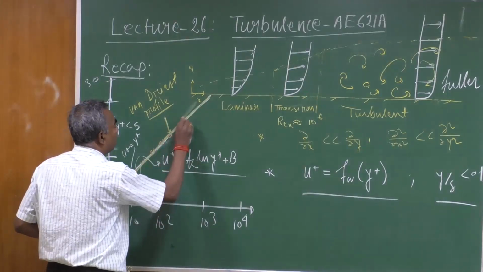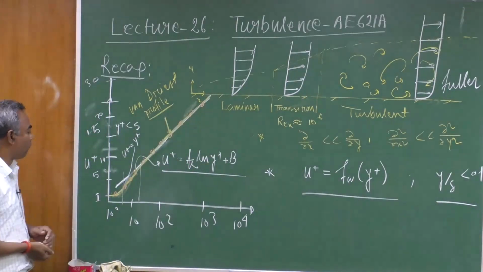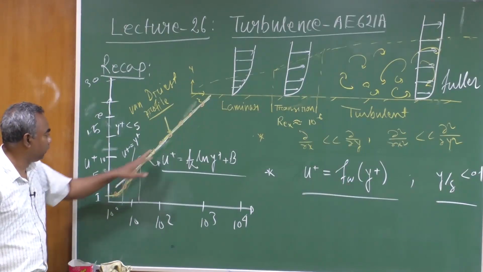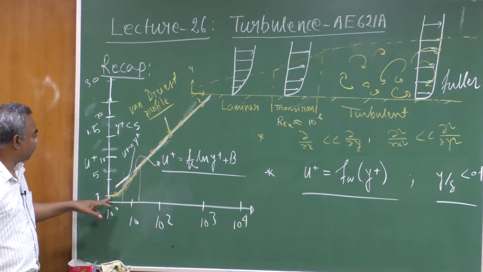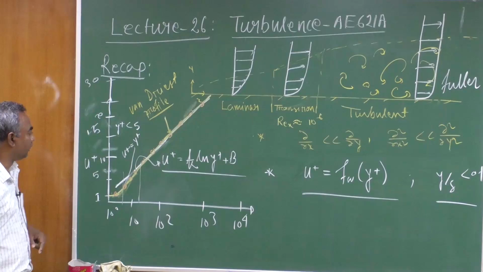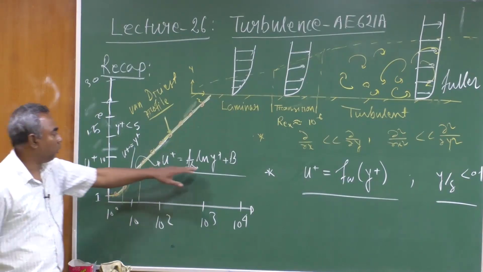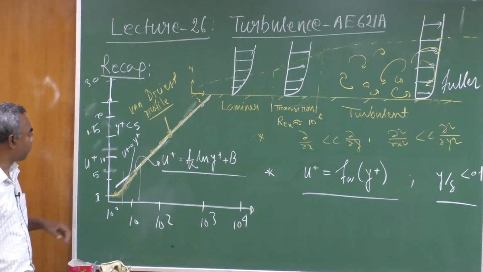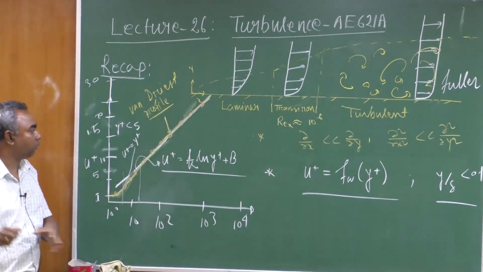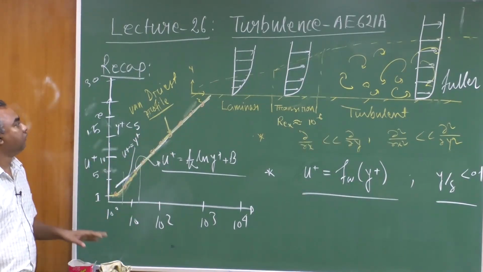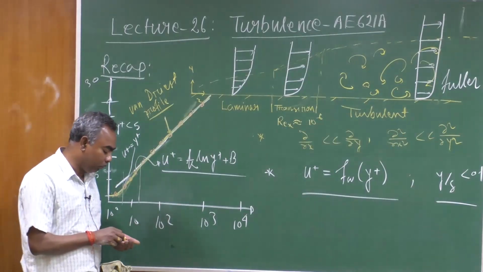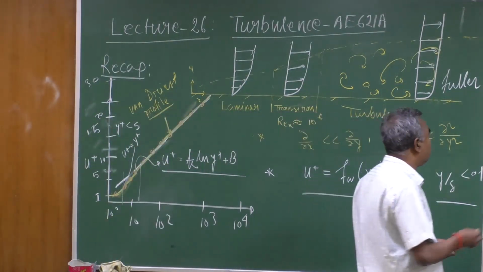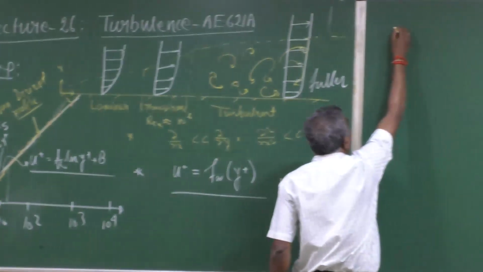So, to represent this, you need a velocity profile which approximates both u plus equal to y plus as well as u plus equal to the log law, okay. So, using the Van Driest composite profile we can do so, that is what we have discussed in the last class, okay. So, today we are going to talk about the velocity defect law in turbulent boundary layer, okay. So, that is what we would like to start with, okay.